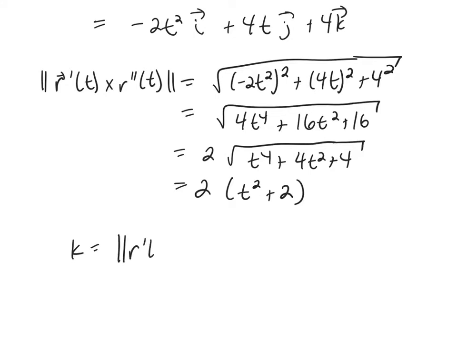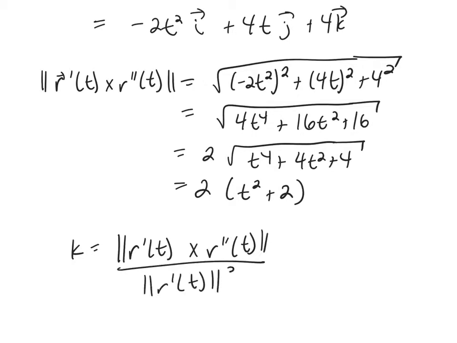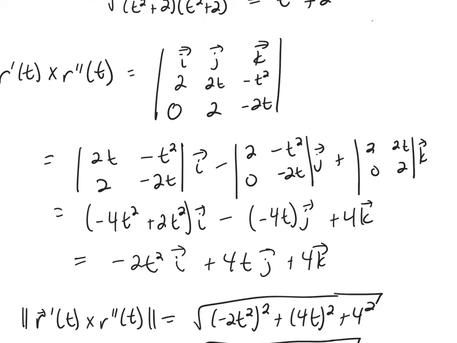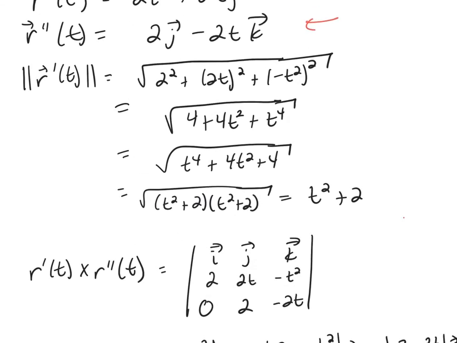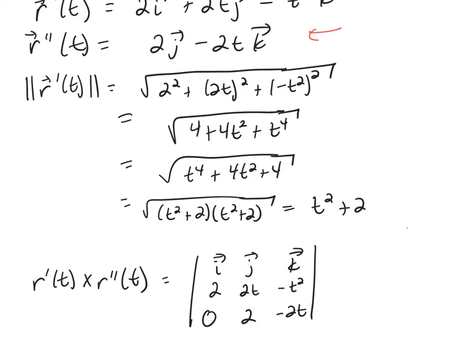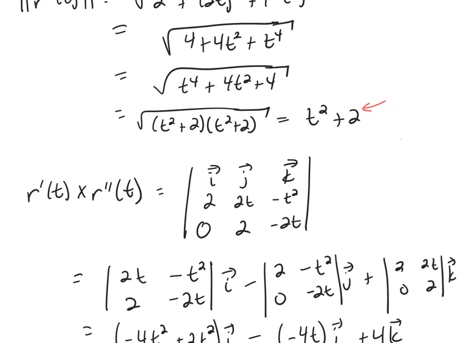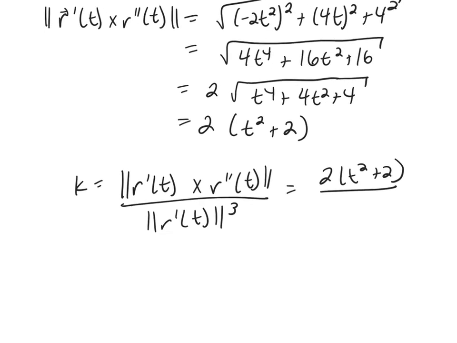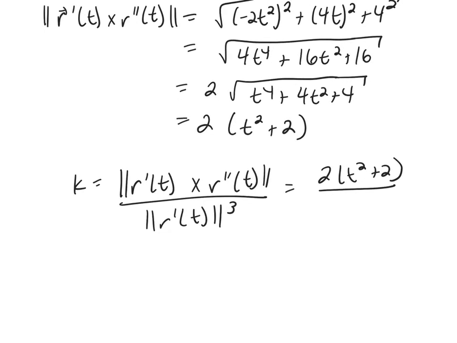It's the magnitude of r prime cross r double prime over the magnitude of r prime cubed. So here we had 2 times t squared plus 2, and then the magnitude of r prime, if we look back, was just t squared plus 2. So it'll be that thing cubed.